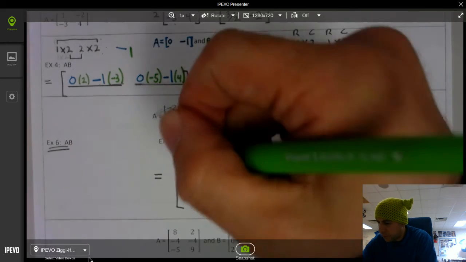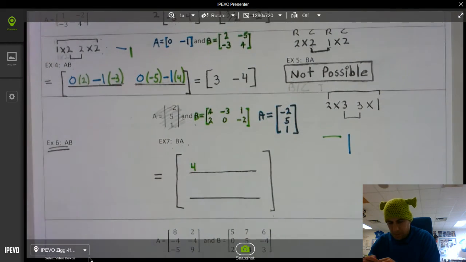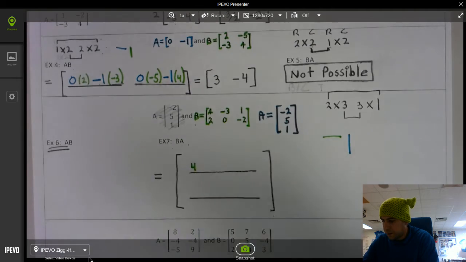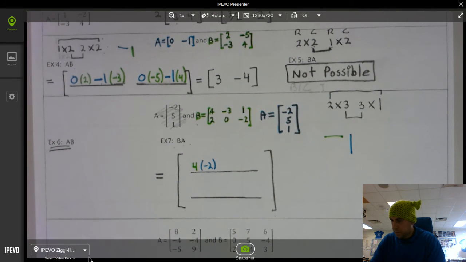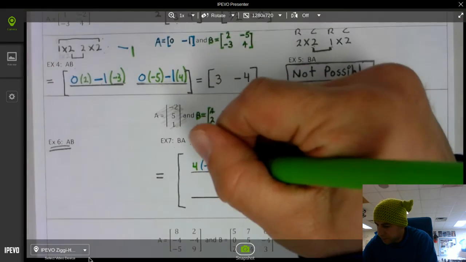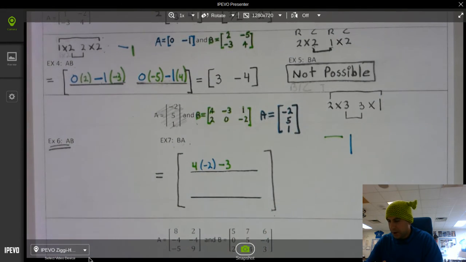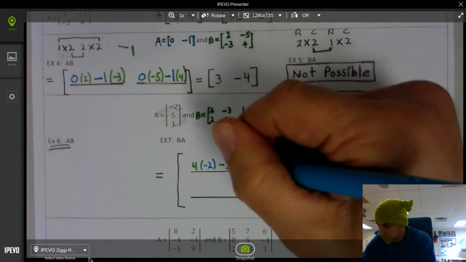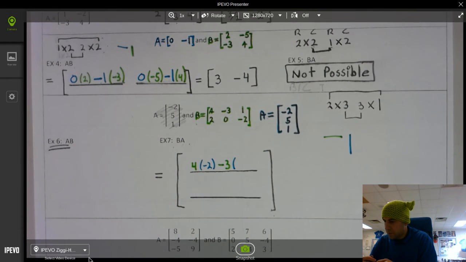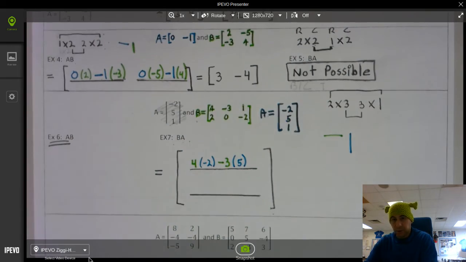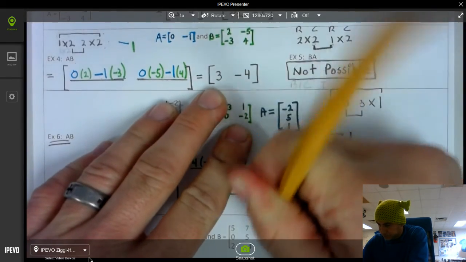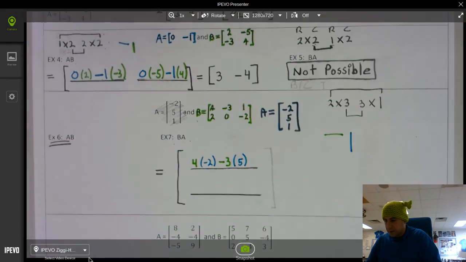So that's 4 times negative 2 and that's going to be, it's really plus, but since it's minus 3 times 5. It looks like we might need some more space here, so we'll extend our line out.